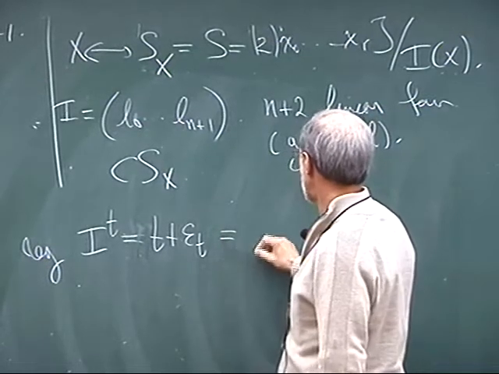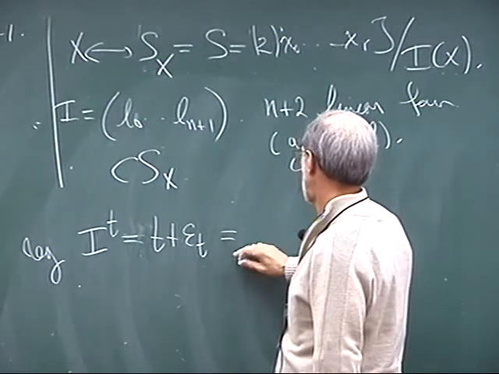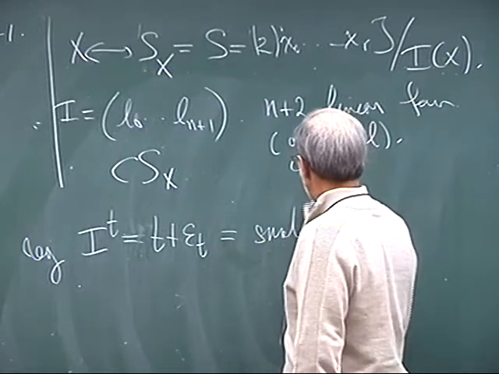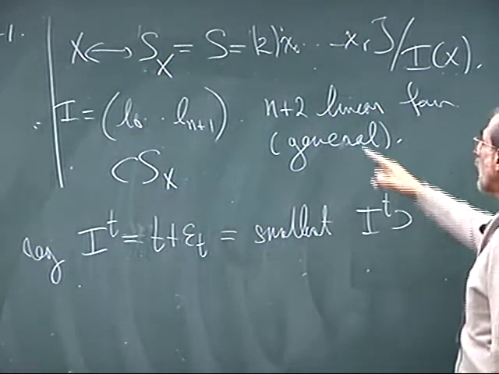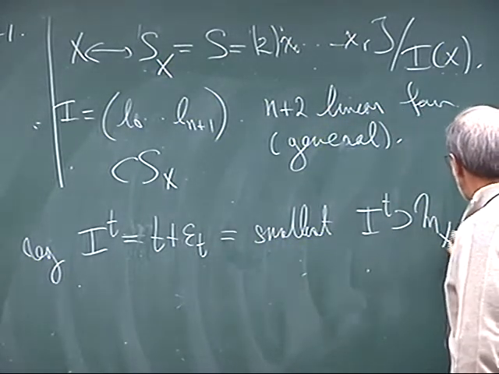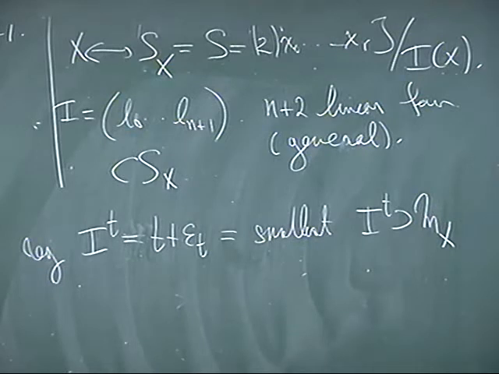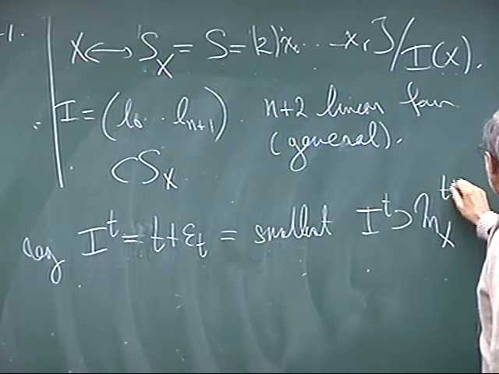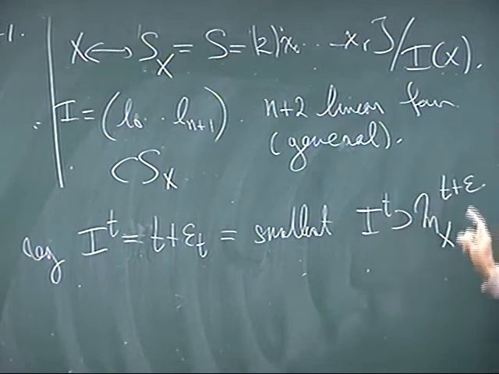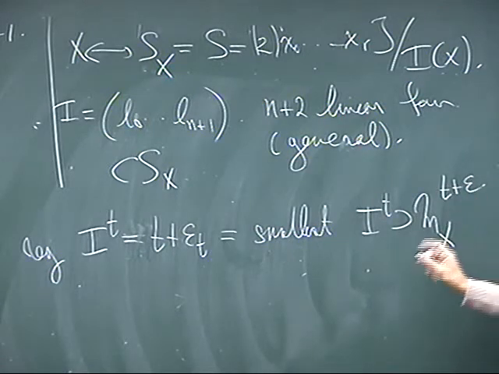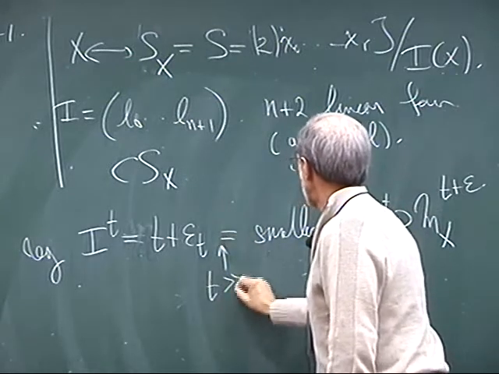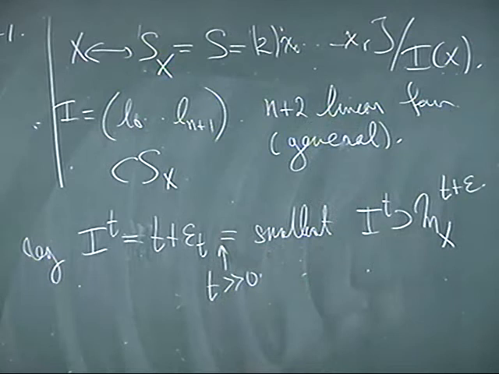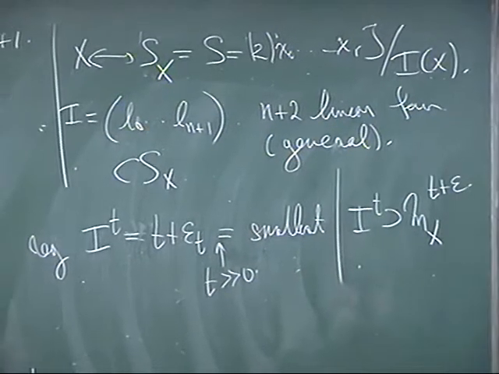this is equal to the smallest number such that I^t contains the maximal ideal, the irrelevant ideal in S_X, to the t plus epsilon. You have to get sufficiently high in t to make this true. So this equality is already for t large, smallest such that this is true.